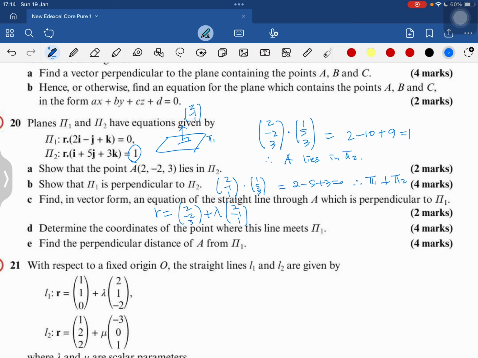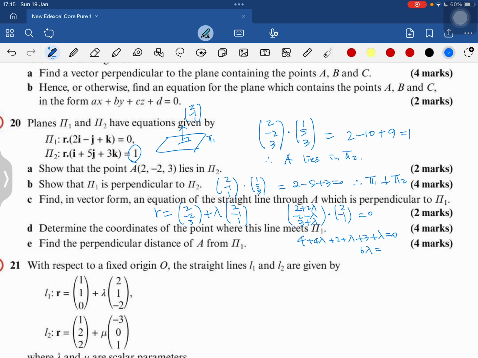Next, find the coordinate of the point where this line meets pi 1. So (2 + 2 lambda, -2 - lambda, 3 + lambda) dot (2, -1, 1) should be 0 to be on pi 1. So 4 + 4 lambda + 2 + lambda + 3 + lambda becomes 0.